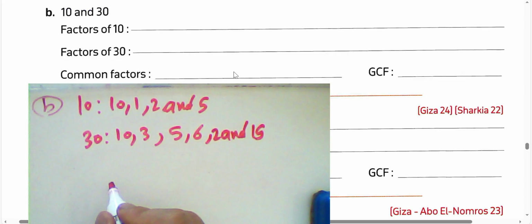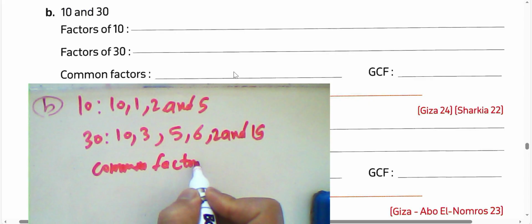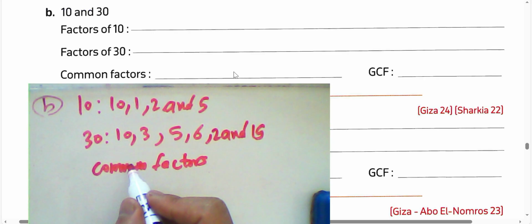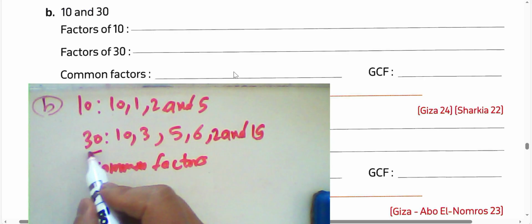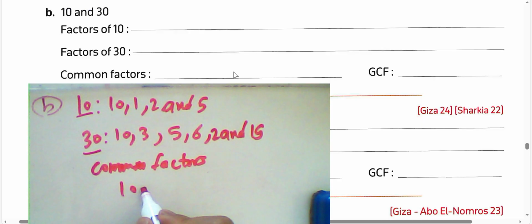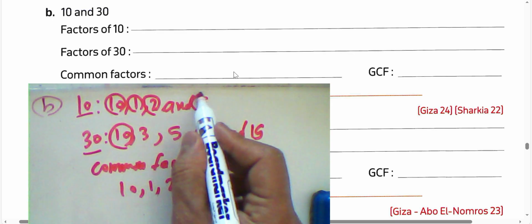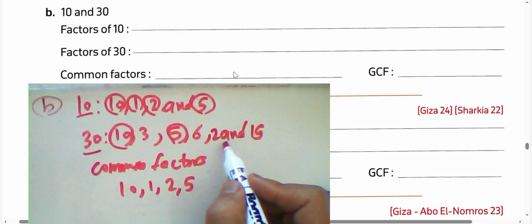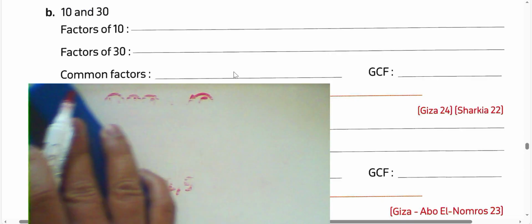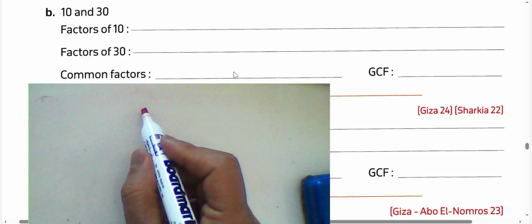The common factors between 30 and 10 are 10, 1, 2, and 5. Then the greatest common factor between them is 10.